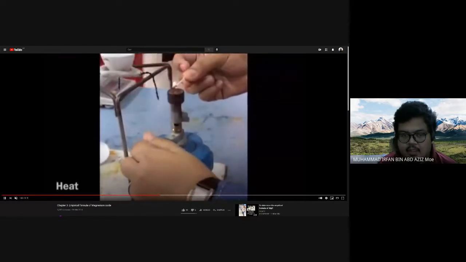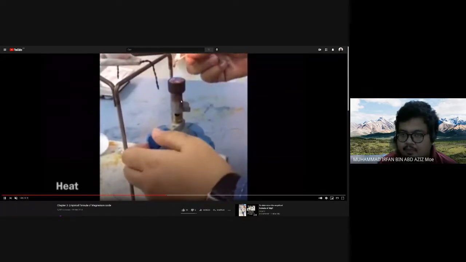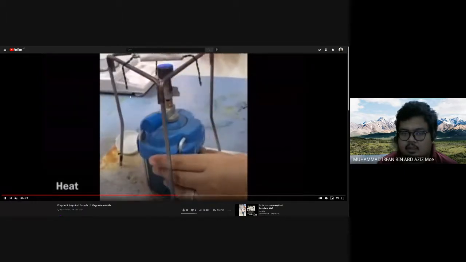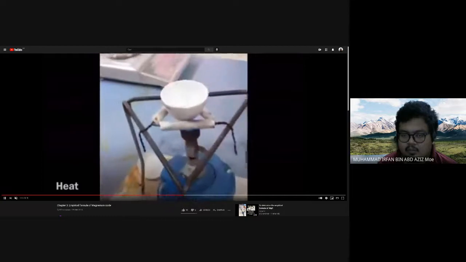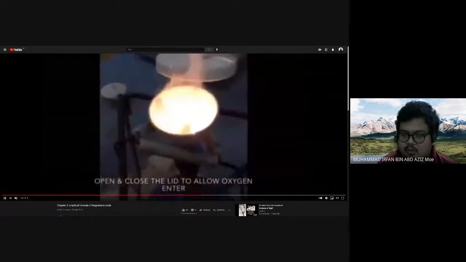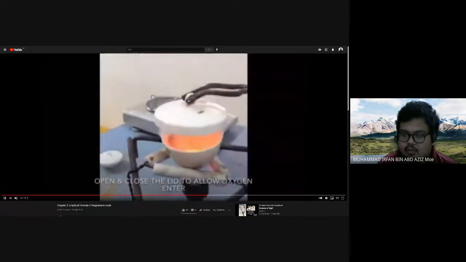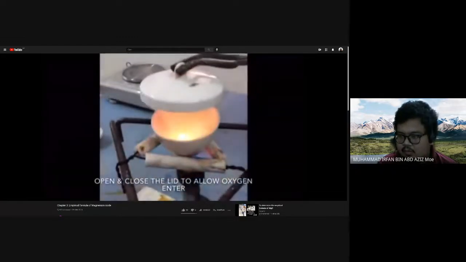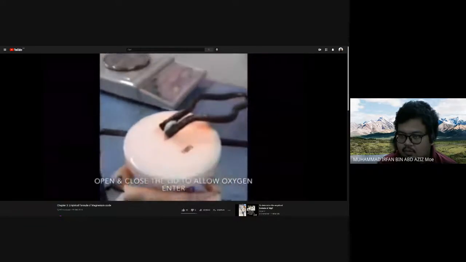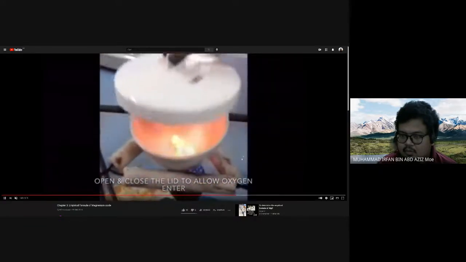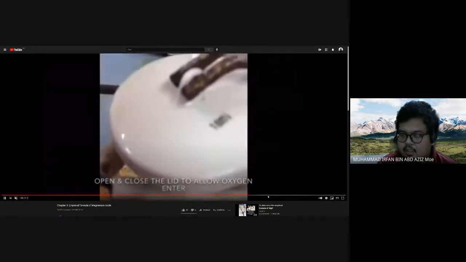Okay, and then after that, nyalakanlah api and then bakarlah. Dia akan jadi hitam lah because of oxygen. Okay, tengok. Okay, last kali.